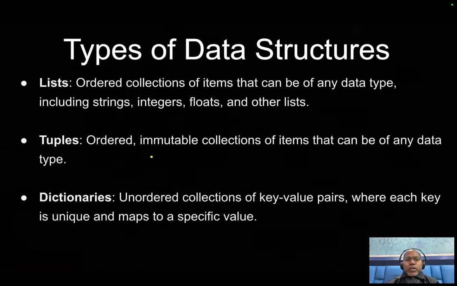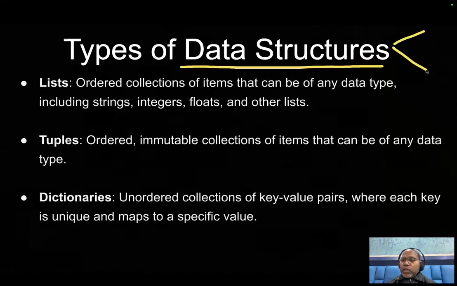Okay, so let's talk about the types of data structures which Python as a language supports. Data structure is an independent, complete subject in computer science. They have defined lots of algorithms to build data structures: linear data structures and non-linear data structures.